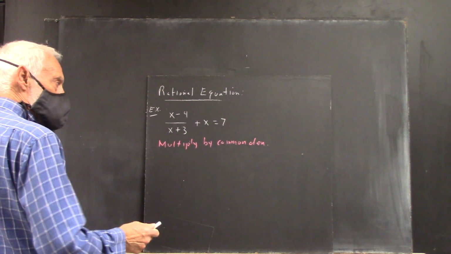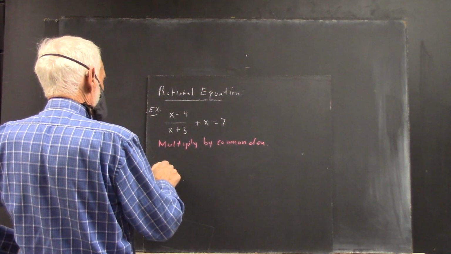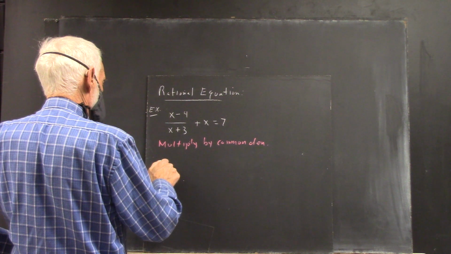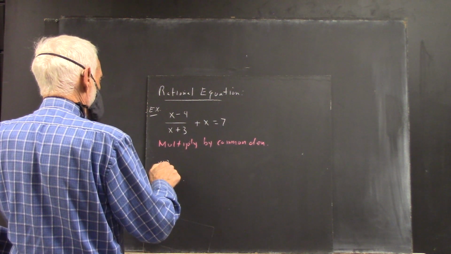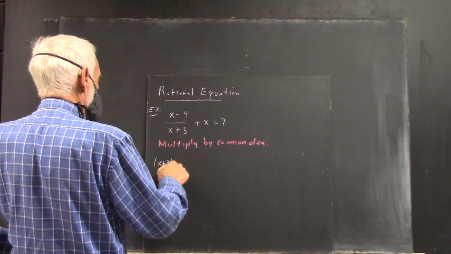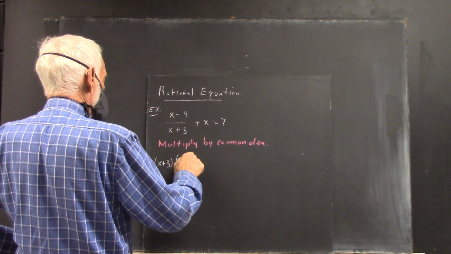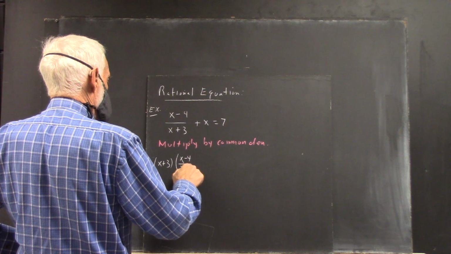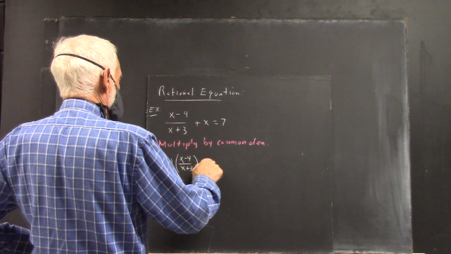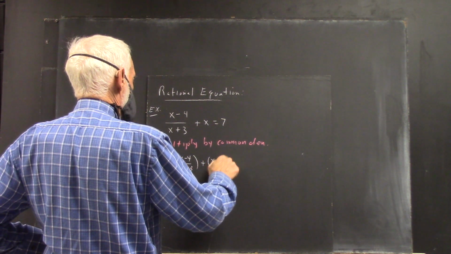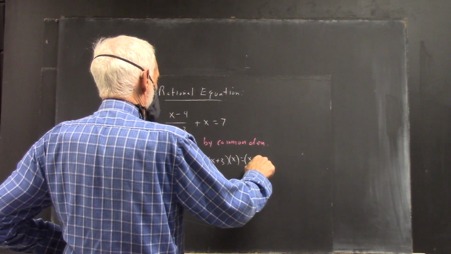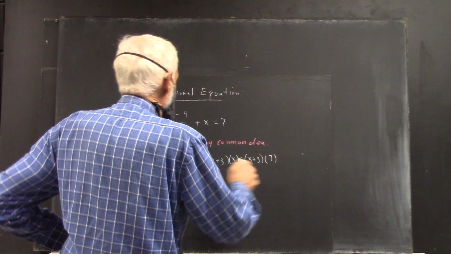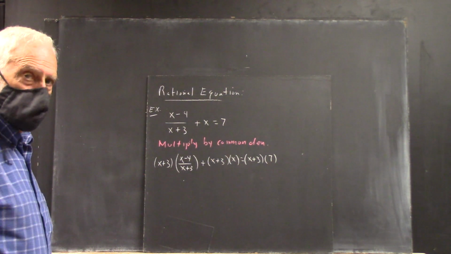Okay, we multiply by the common denominator. So we multiply by x plus 3. Now formally we multiply both sides by the common denominator.